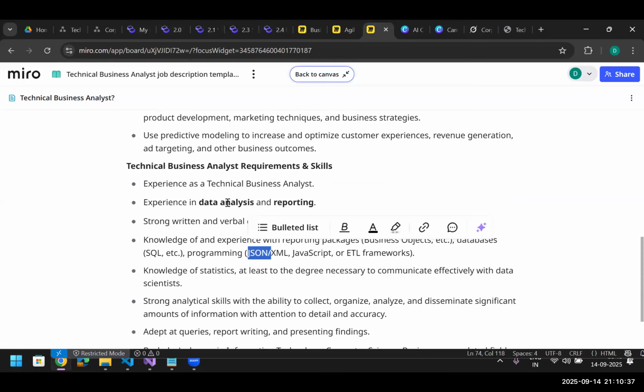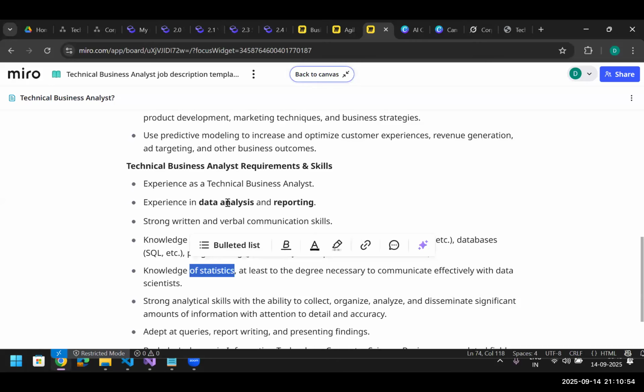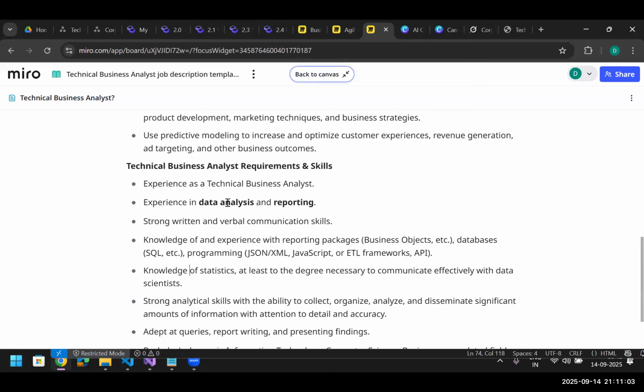And maybe you should know formats or notations like JSON and XML. What is XML and JSON? What is JavaScript, ETL, and APIs, which I'm adding now because we have added that too, right? And databases. And sometimes they add knowledge of statistics, but this is nice to have. If I see 10 job descriptions of tech BA, this is very rare.